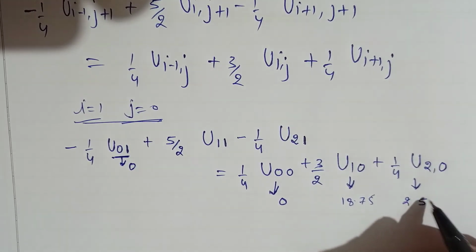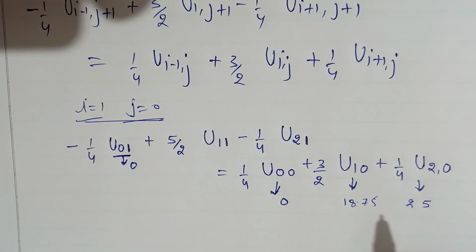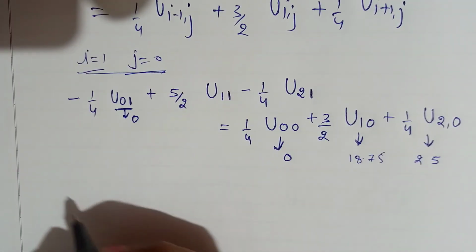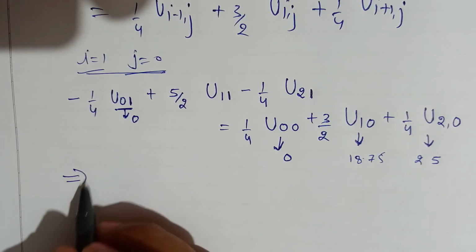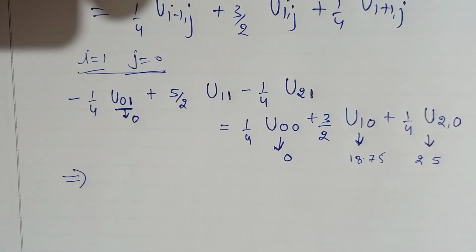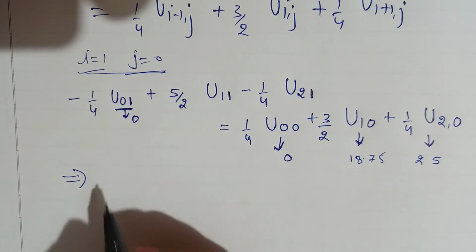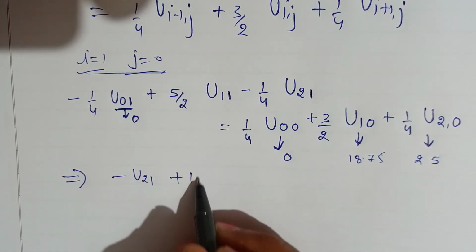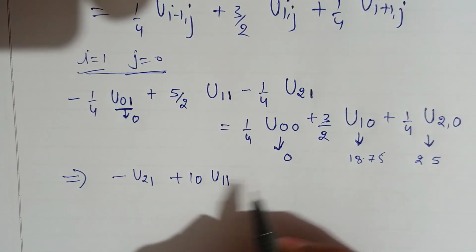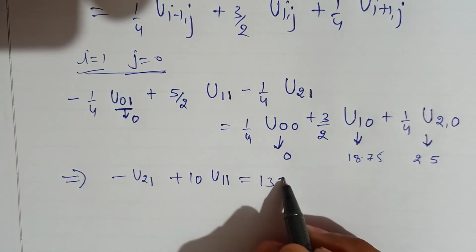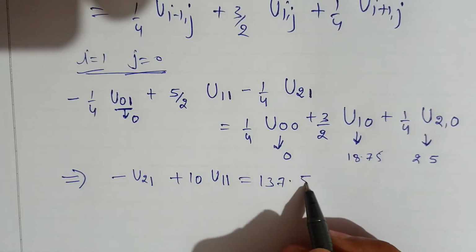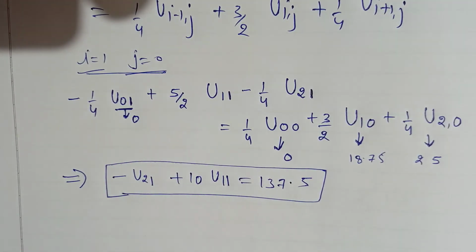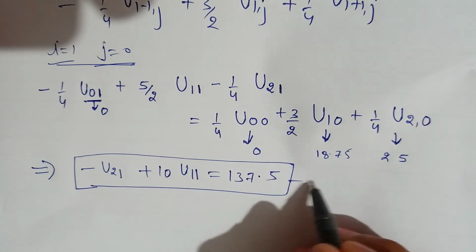If you simplify, finally we get the equation minus u21 plus 10 u11 equal to 137.5. This is the first equation.